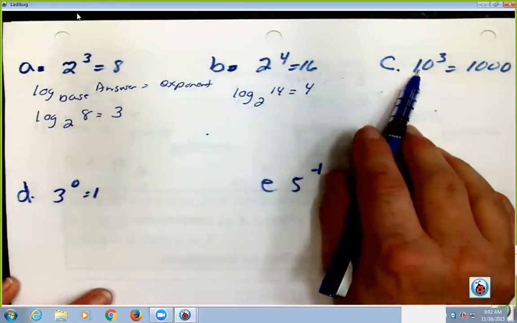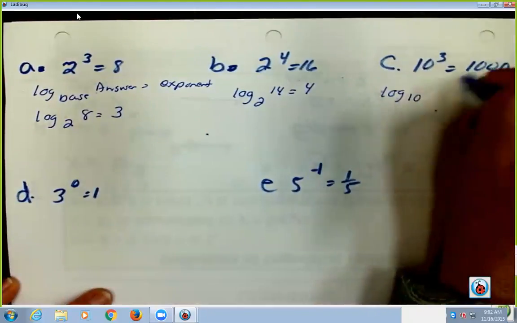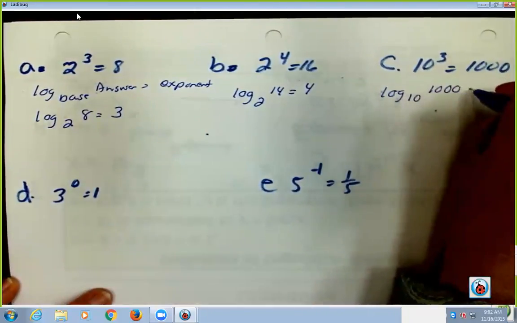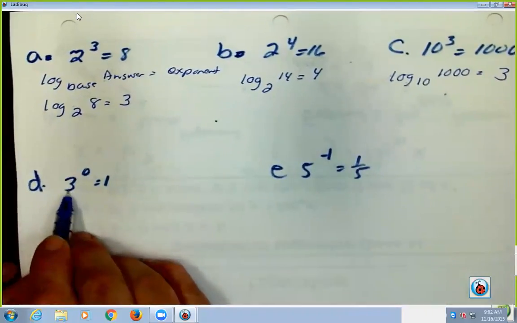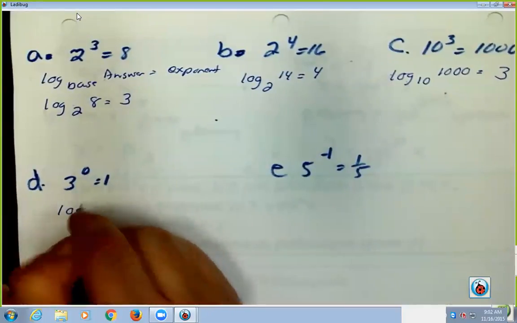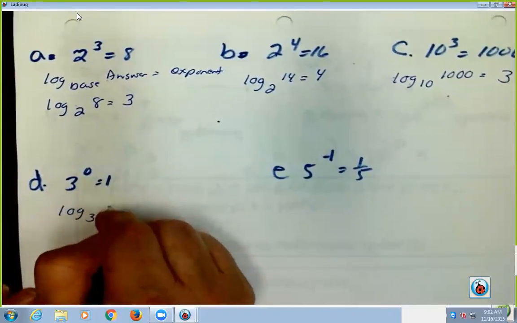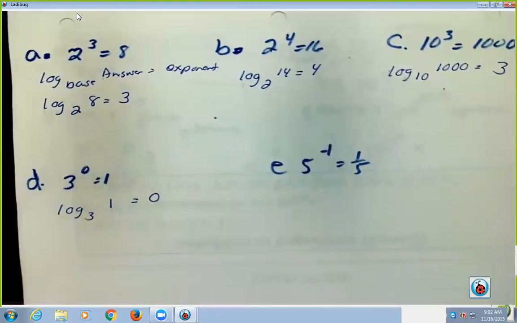Then this one will be log base 10, answer of 1,000, is equal to 3. This one is log base 3, answer of 1, is equal to 0.